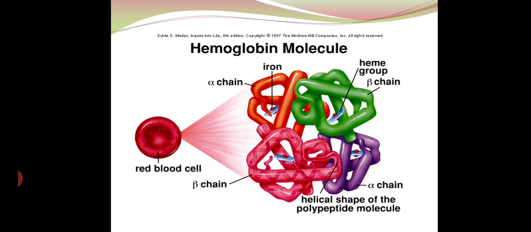Overall, each hemoglobin molecule can combine with 4 oxygen molecules, that is 8 oxygen atoms.